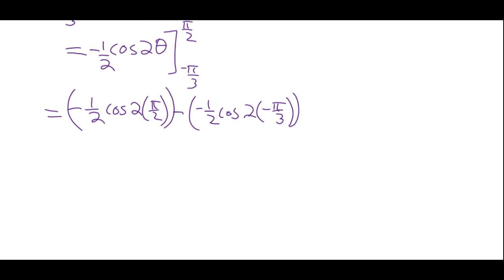So what do we got? Negative 1/2 cos pi minus negative 1/2 cos negative 2 pi over 3.